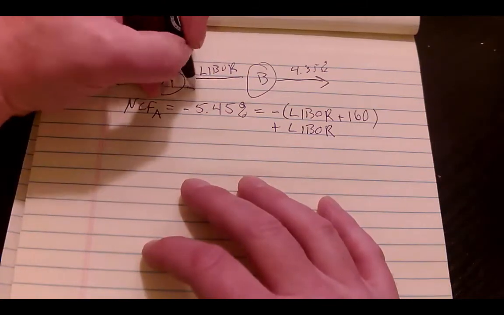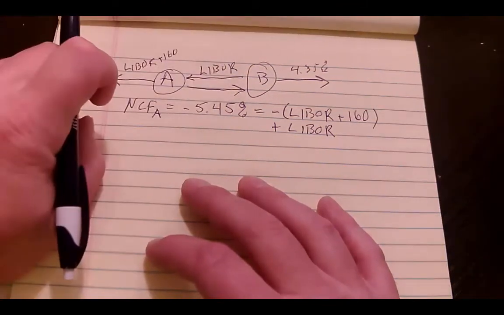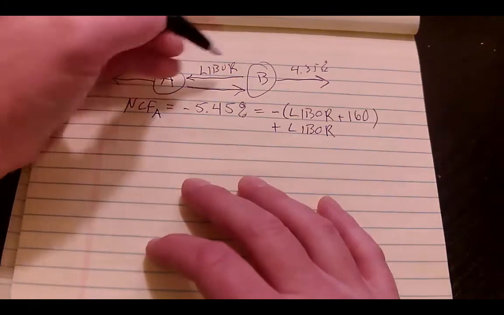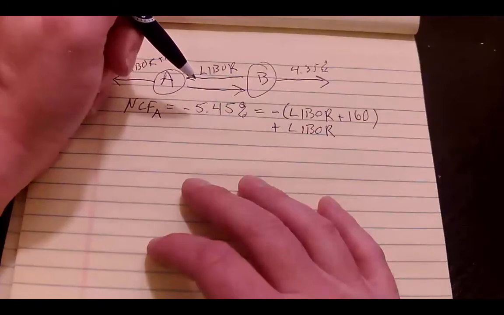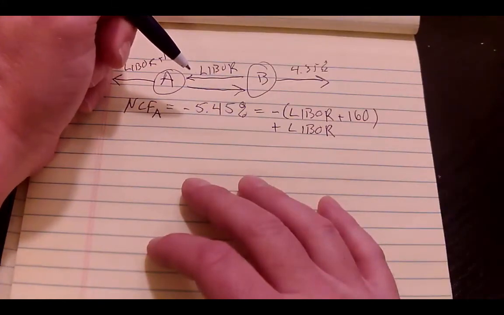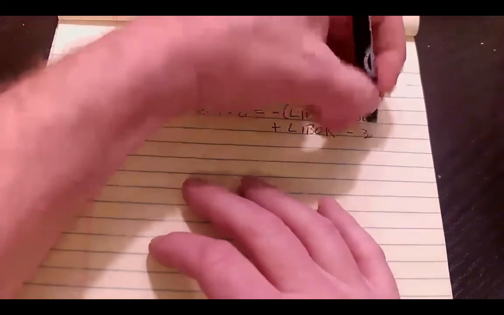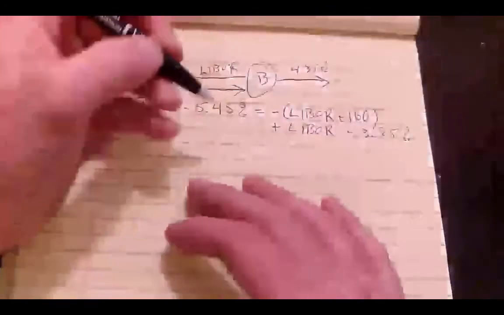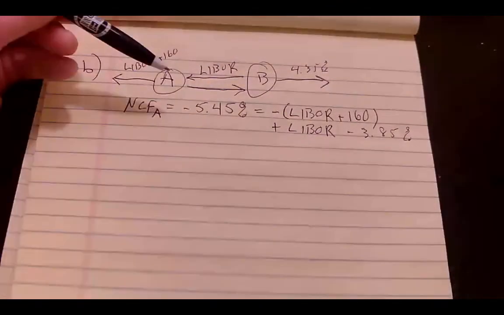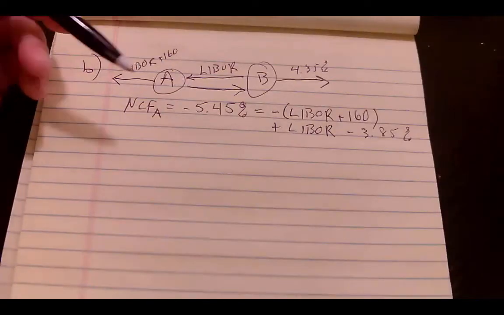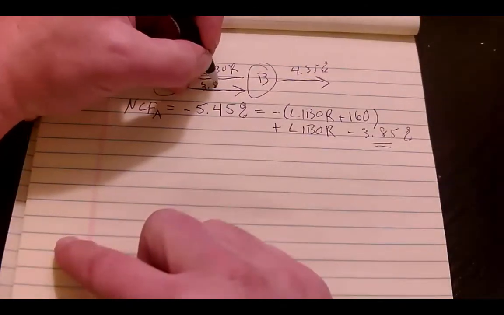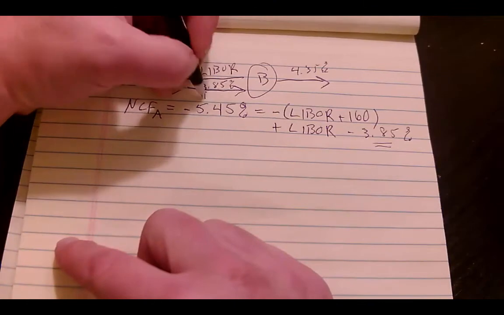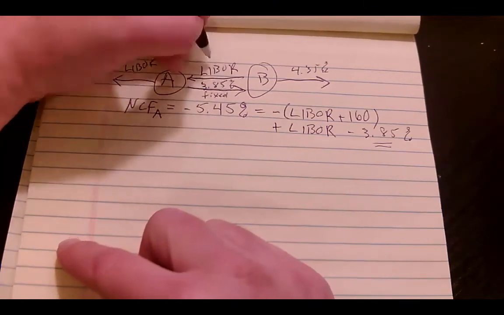That is what's going from A to B. Well, they're already paying 1.6, so 1.6 plus what is 5.45? I believe that would be 385, so minus 3.85%. And that'll get us there. 385 plus 1.60 gives us 5.45%. So the swap rate is going to be 3.85%. Let's go ahead and double check. I'll write that in here, 3.85, and that's a fixed payment, whereas this top one is a floating payment.